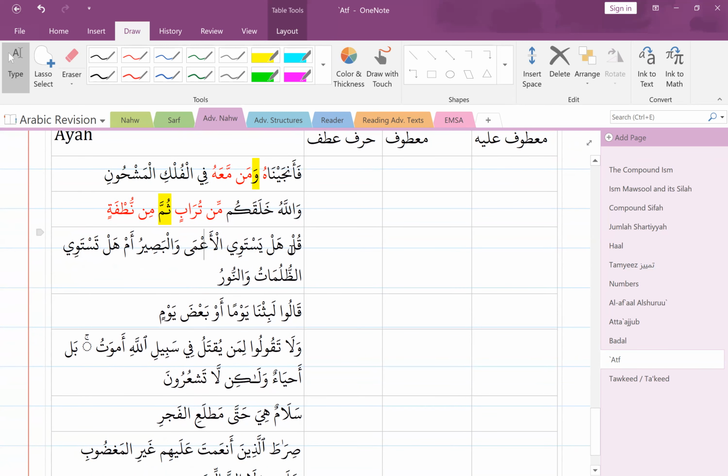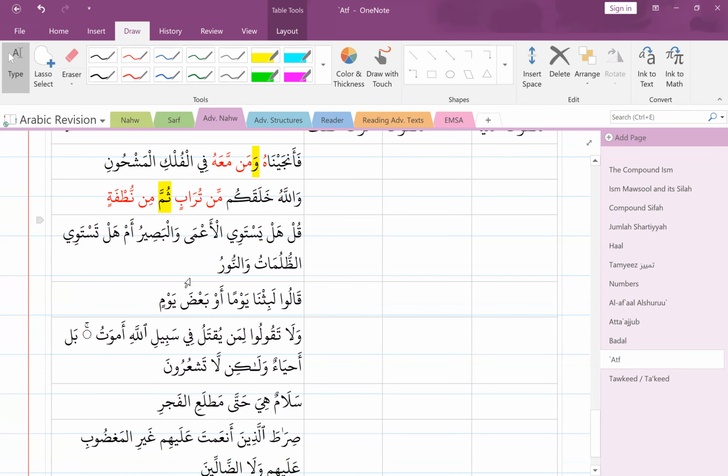Okay, Saima. قل هل يستوي الأعمى والبصير أم هل تستوي الظلمات.